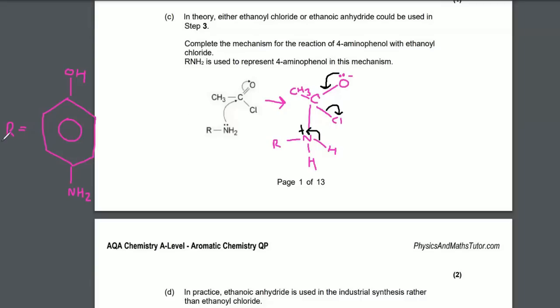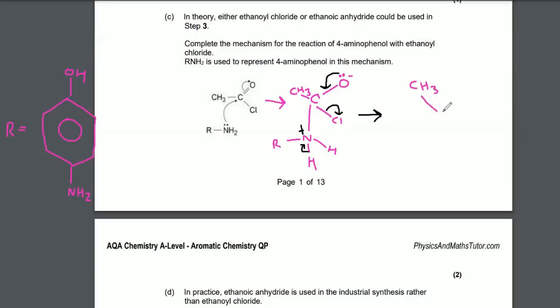And then over here, one of these hydrogens, I'll do this one down here, its bond is going to break, and the pair of electrons from the bond are going to go to that positive nitrogen and stabilize the molecule by donating their electrons to the nitrogen. That's going to leave us with a hydrogen ion coming off the side here. And of course, you've got a chloride ion coming off the side here.